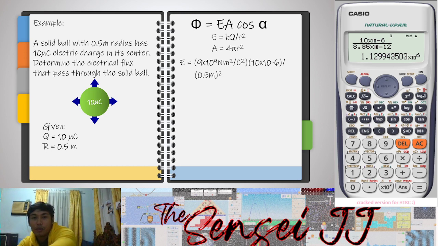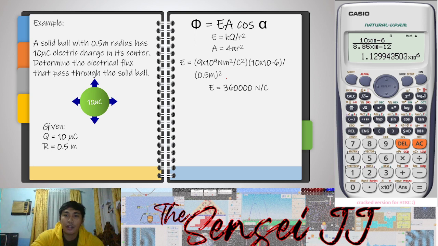Since this is also the area we used when we derived our formula, 4 pi r squared. So E is equivalent to 360,000 or 3.6 times 10 raised to 5 Newton per coulomb.